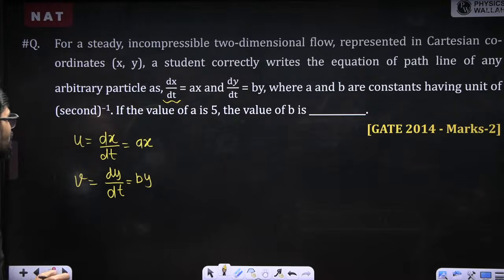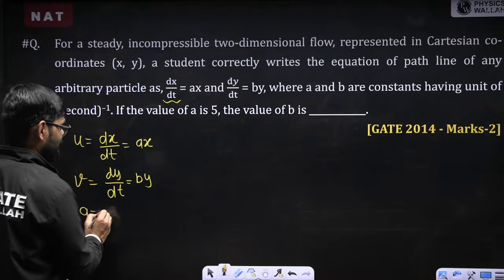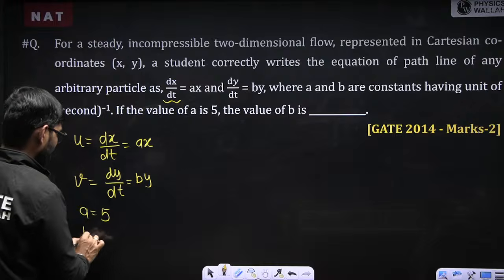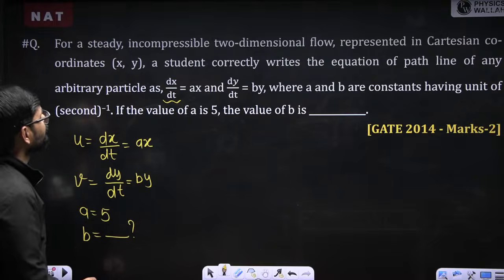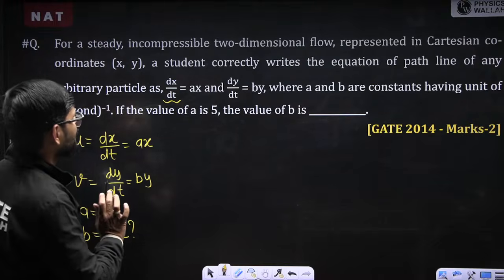Here a and b are constants. The a value is given as 5, and they are asking for the b value. Very simple.